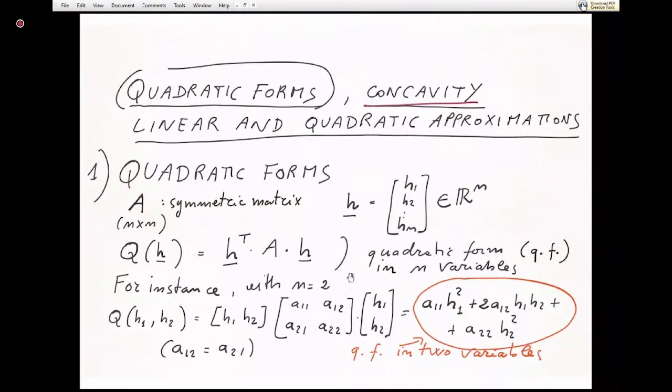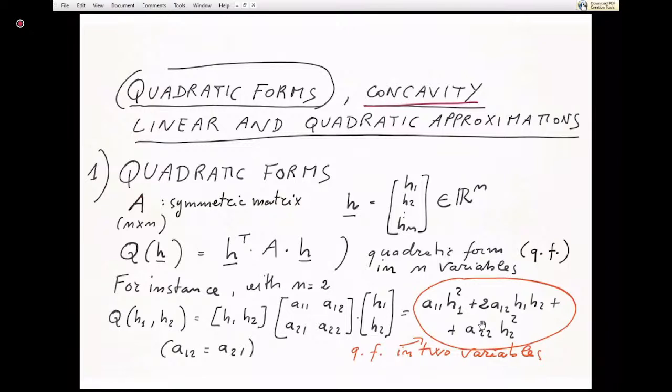So one very important question is, since the structure of a quadratic form is associated to the structure of this matrix, are there cases in which for any h1, h2, positive, negative, you always get a positive number as the result?